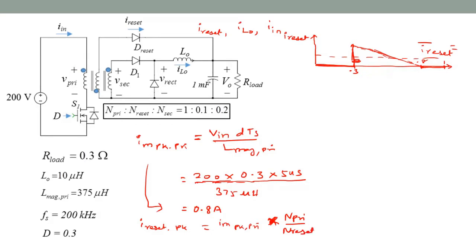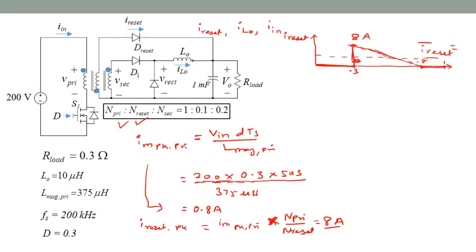From here, N primary over N reset is 1 over 0.1, or 10. So that would be 0.8 times 10, or 8 amperes. Okay. So this magnitude that we were looking for is 8 amperes.